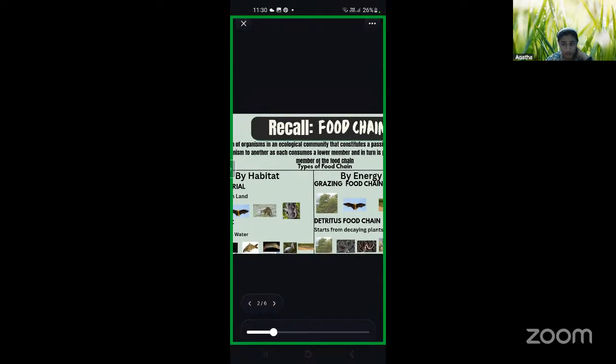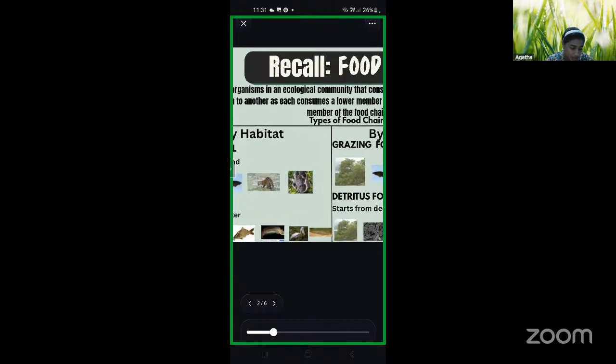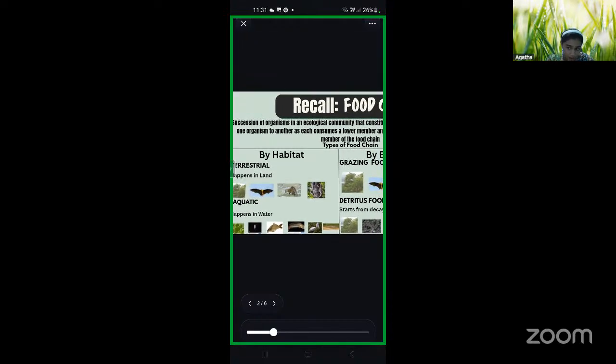So energy flows in the food chain. It also shows the feeding relations between the organisms. Food chains can be divided into two types, by habitat and by energy source. By habitat, it can be divided into two more types, terrestrial food chain and aquatic food chain. In a terrestrial food chain, the animals that make up the chain live on land, while in aquatic food chains, most animals live in the water.